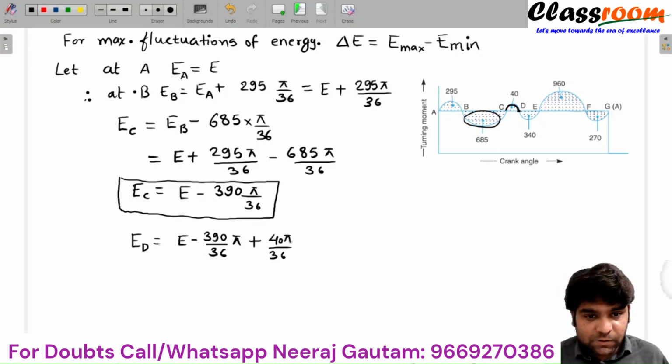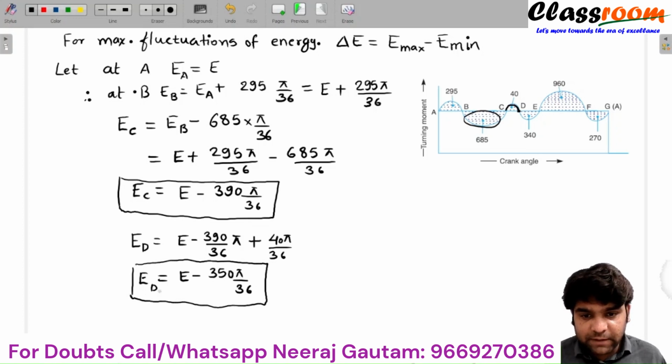Again, this is minus, so it becomes E minus 350 pi by 36. The energy at point D is E minus 350 by 36 pi.